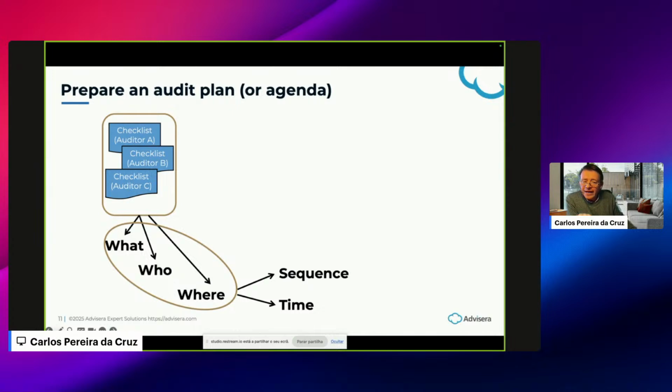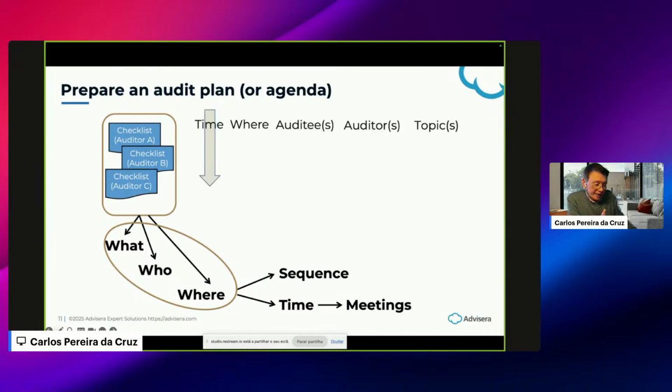So now they have an idea about the time needed for each interview and the time for audit team meetings. And this can be compiled in an audit plan where you put the schedule from this hour to that hour. Where do you want to go? The departments, or the auditees that you want to interview. Who will be the auditor? Different auditors may act, the audit team may be split.